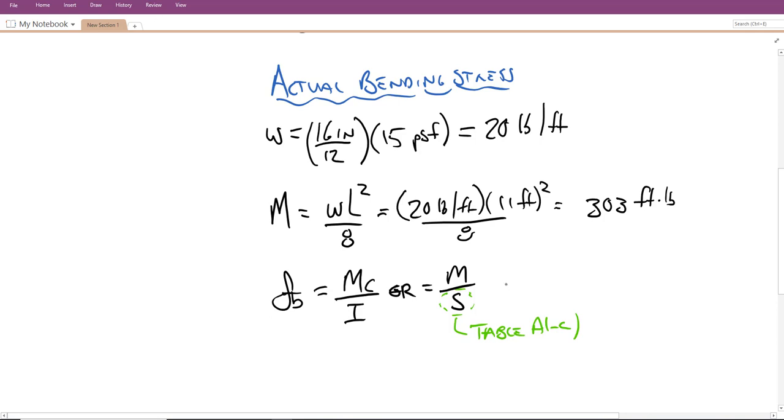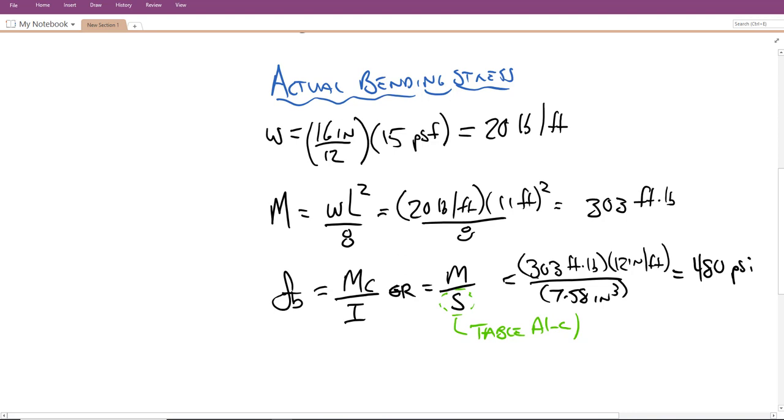And so in table A1A, we discover the section modulus is 7.58 inches cubed. On the top we've got 303 foot-pounds, and we multiply that by a factor of 12 to make it inches, and we find our final value is 480 psi.